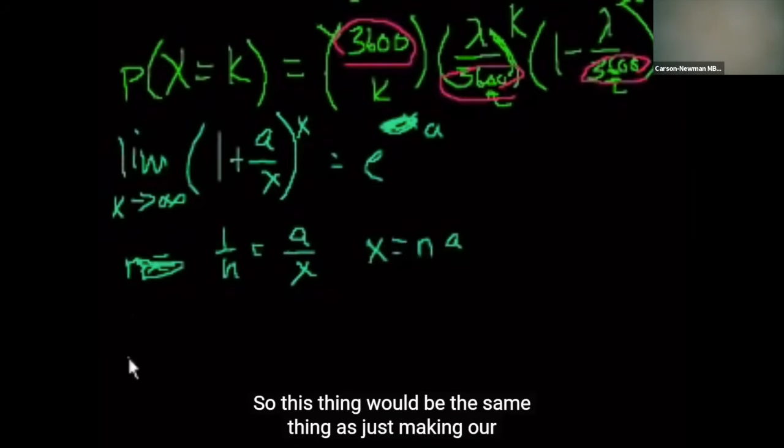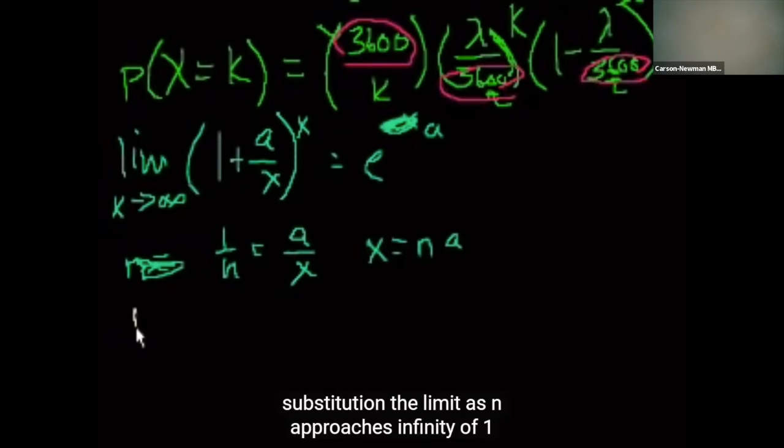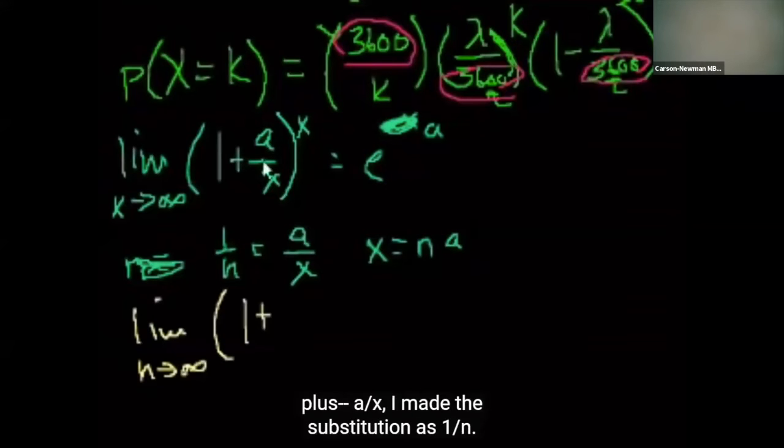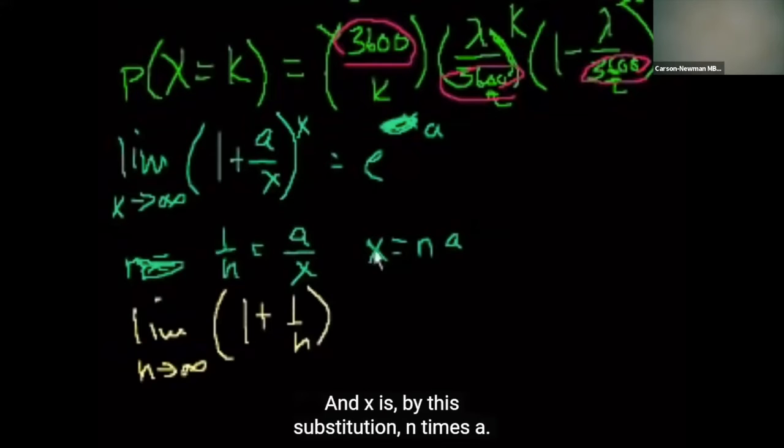So this thing would be the same thing as making our substitution. The limit as n approaches infinity of 1 plus a over x, I mean the substitution is 1 over n, and x is, by this substitution, n times a.